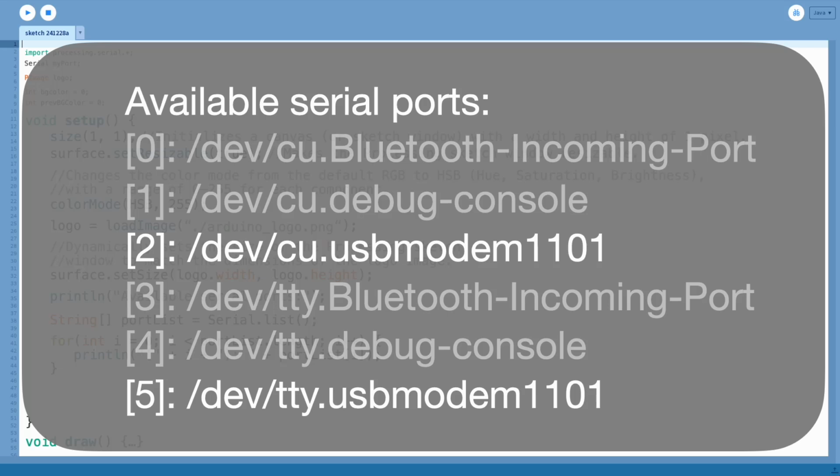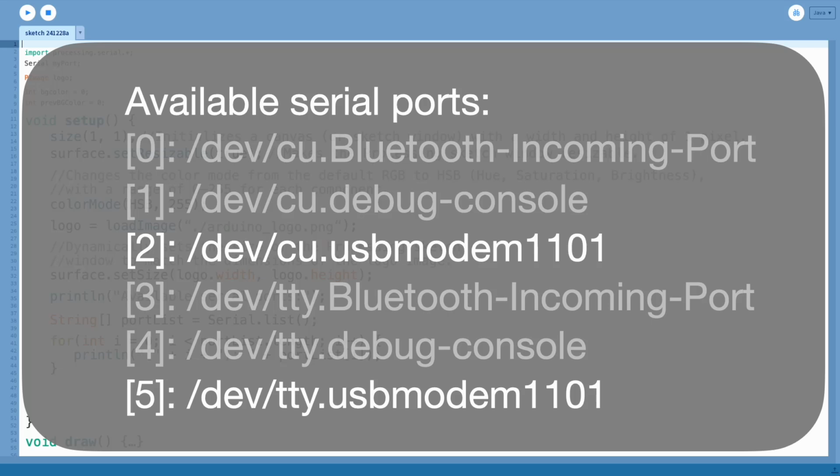However, the USB modem 1101 does start to sound awfully similar to what I would expect my Arduino board to be. However, I see a CU and a TTY. I can tell you this: TTY is typically the serial port that you are going to be reading in from. So you'll notice on my port 5, I have this dev TTY USB modem 1101.